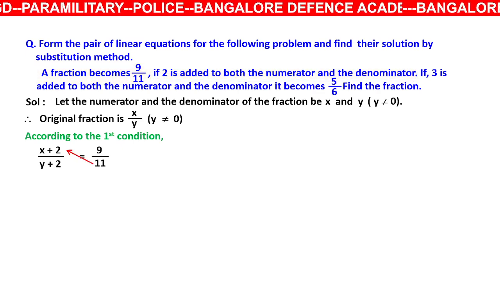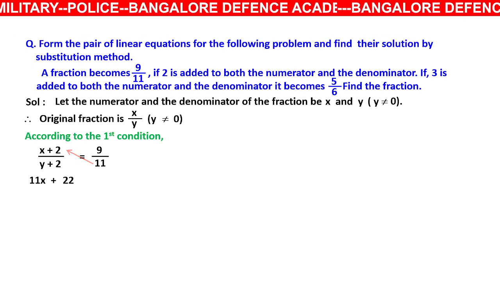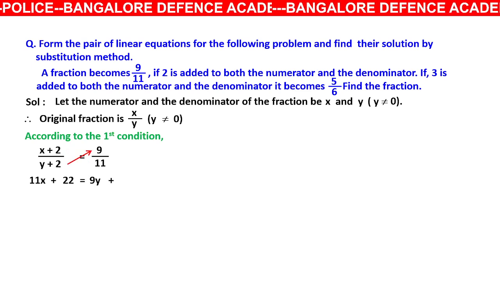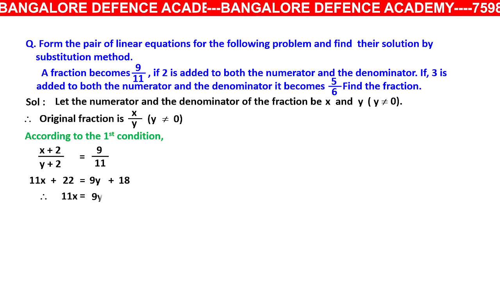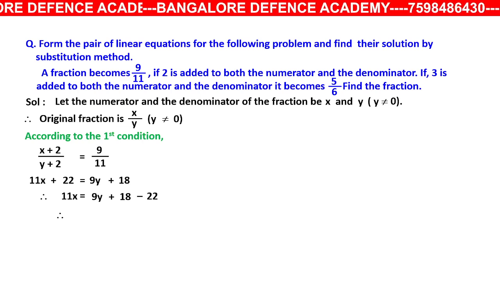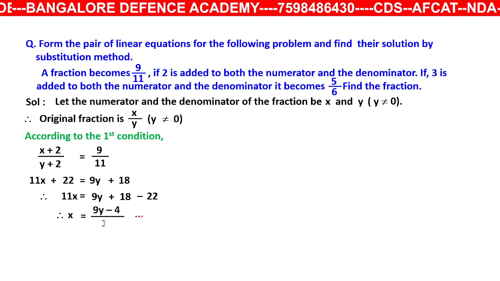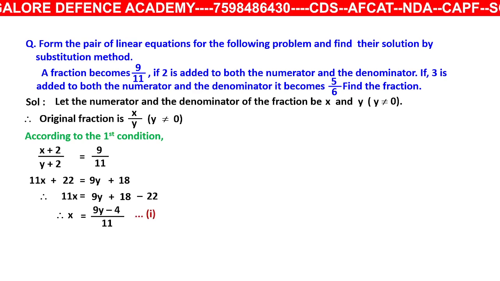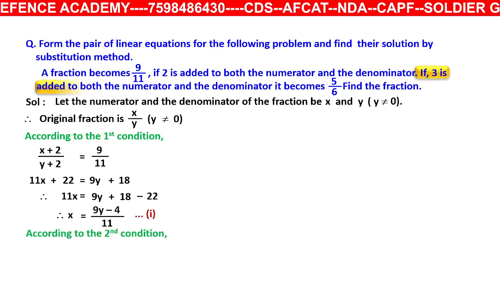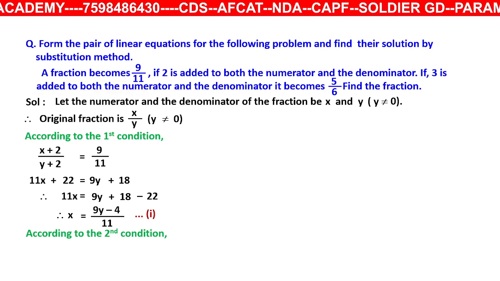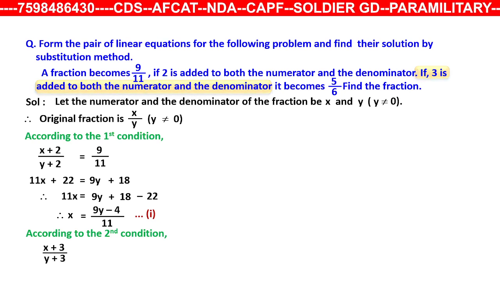So now when I cross multiply, you get 11x plus 22 is equal to 9y plus 18. When you solve this, finally you get a simple equation that is x is equal to 9. Here I'm just trying to use the substitution method so that it becomes easy for me to solve the second equation. Now in the second condition, you have 3 is added to both the numerator and denominator.